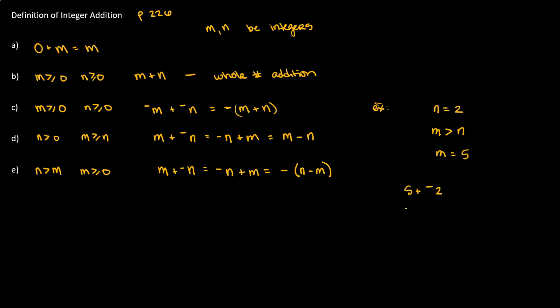That's the same thing as -2 plus 5, which is the same thing as 5 minus 2, which is 3. All of these would give you the same value, 3. And I encourage you to try E as well. Pick an n and m that match these criteria, and then test it out with the logic statement that we have following.